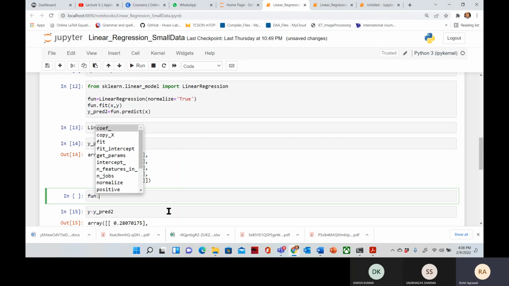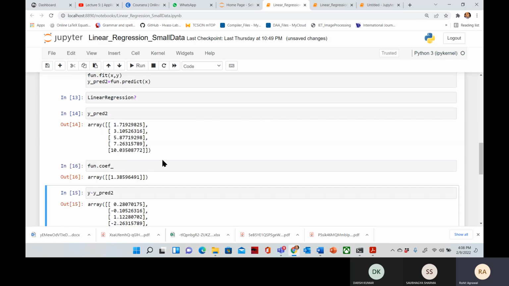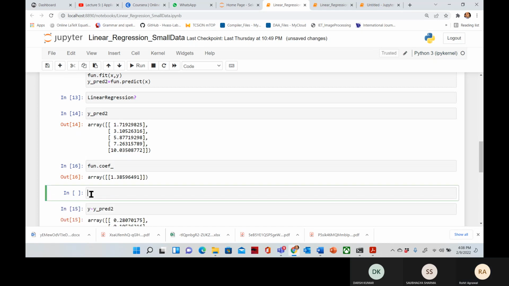Okay, fun coefficients, let's see the coefficients. So the coefficient it is giving you is 1.38, fun underscore coef.